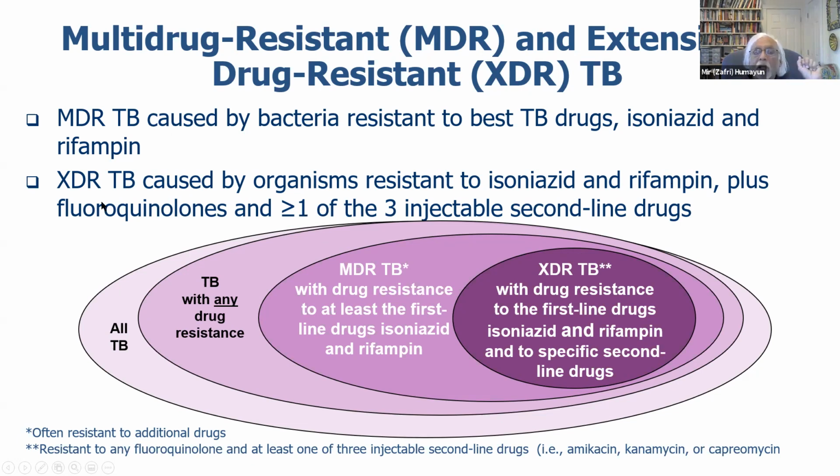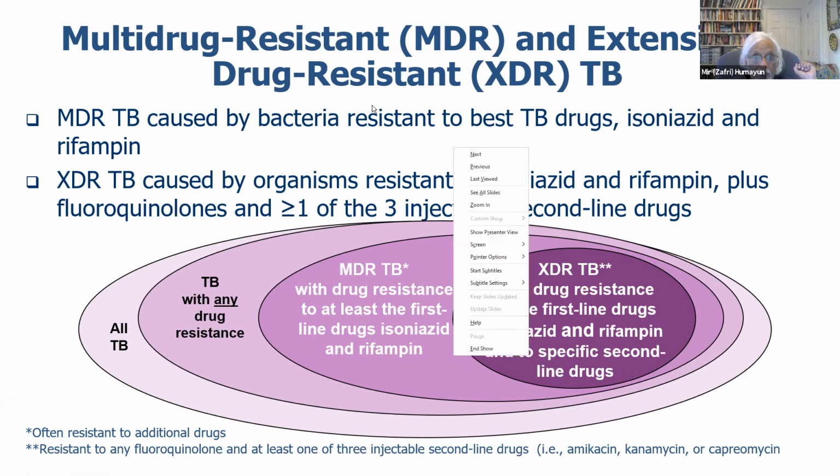For XDR, we're talking about resistance to four. In MDR, the two are fixed, which is isoniazid and rifampin. In XDR, the first two are fixed, the same isoniazid and rifampin, and the third is a class, fluoroquinolone. There are many different kinds of fluoroquinolones. All of them block replication in bacteria, plus one of three different injectable second line drugs. So that's the definition of XDR. All right.